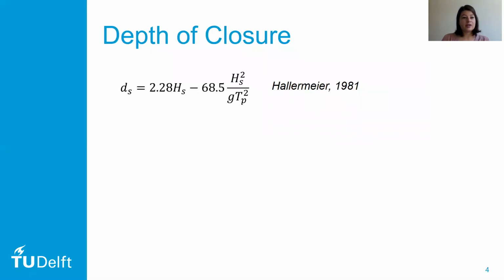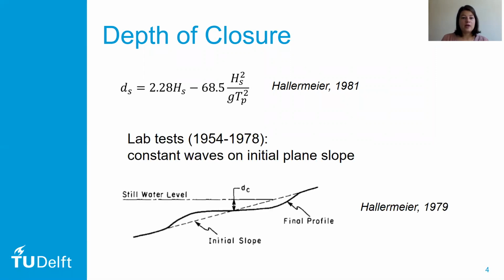We went back to this original definition because he validated this formula with laboratory tests in flumes where they had constant waves on an initial plain sandy slope. And he schematized the results of all these flume tests in this figure.